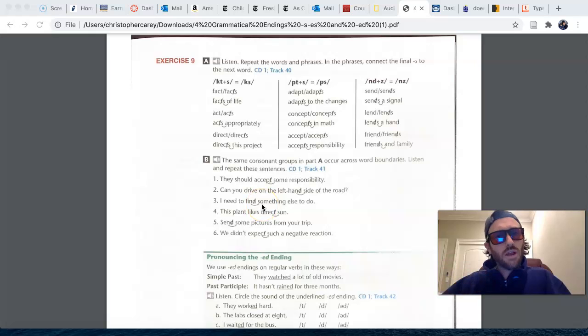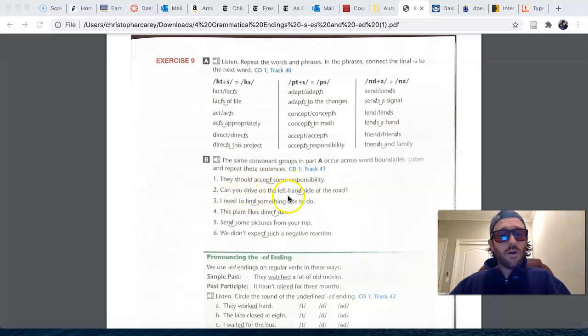So practice pronouncing them by linking them together, by reducing or omitting that middle consonant sound. So just to give you an example, they should accept some responsibility. Accept some responsibility. No T sound.